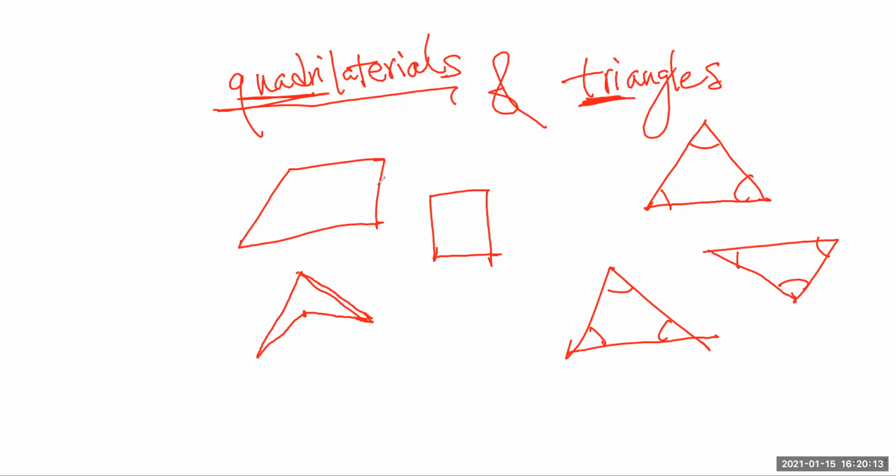So we're first going to say what types of quadrilaterals we have. The simplest one is called a square. Square means all four sides are congruent, and the angles are all right angles.